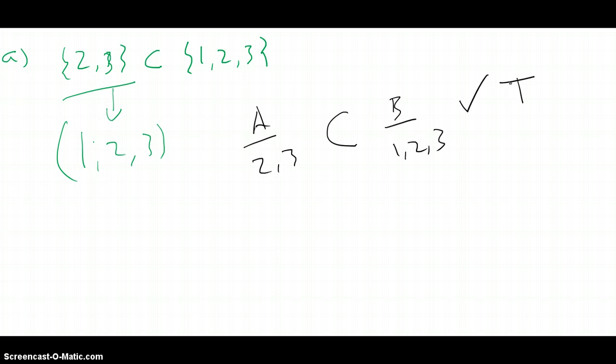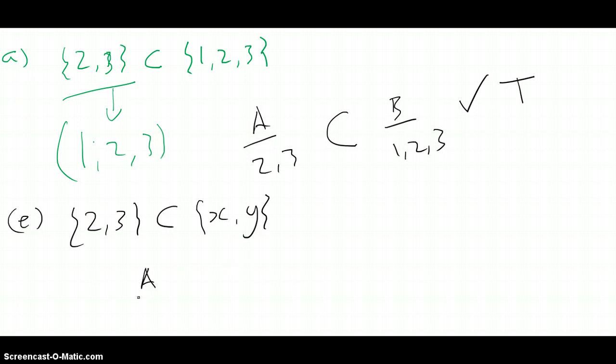Okay, now the next one, question E, says 2 and 3, is that a subset of X and Y? Treat it like the same thing you did with the last question. Set A has numbers 2 and 3.